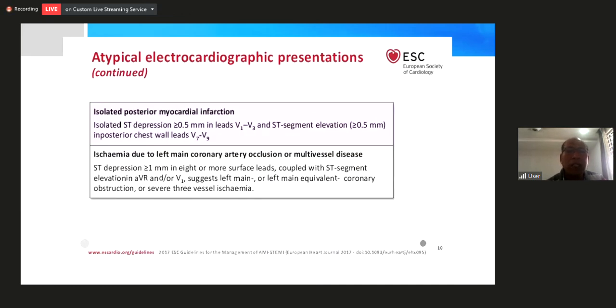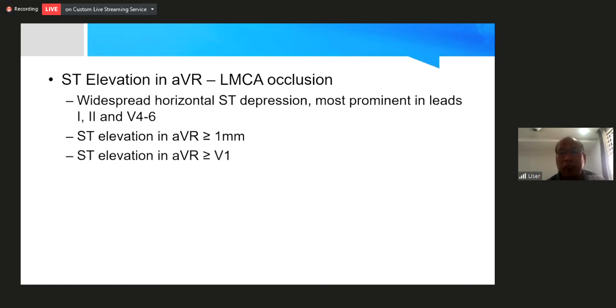Another thing is isolated posterior MI. Like just now, sometimes they have ST depression of more than 0.5 millimeter in V1 to V3. Then you have to do the posterior chest leads, V7 to V9, and you can see the ST elevation because it is at the posterior part of the heart.